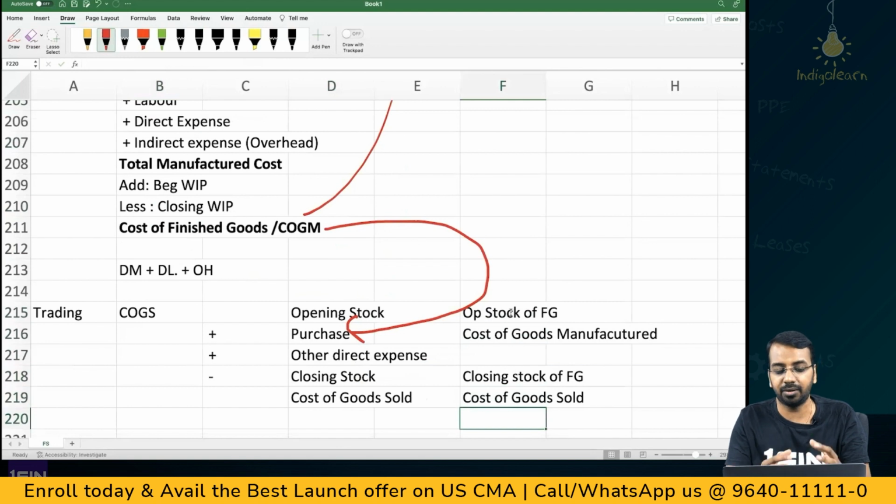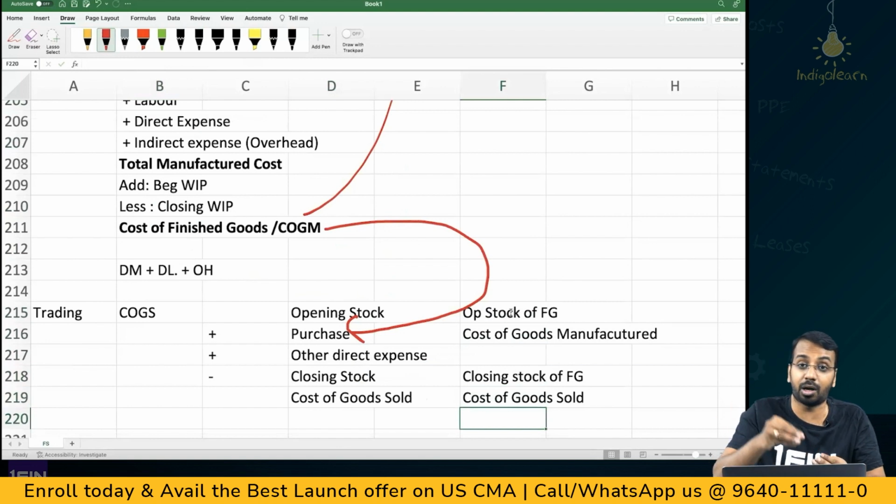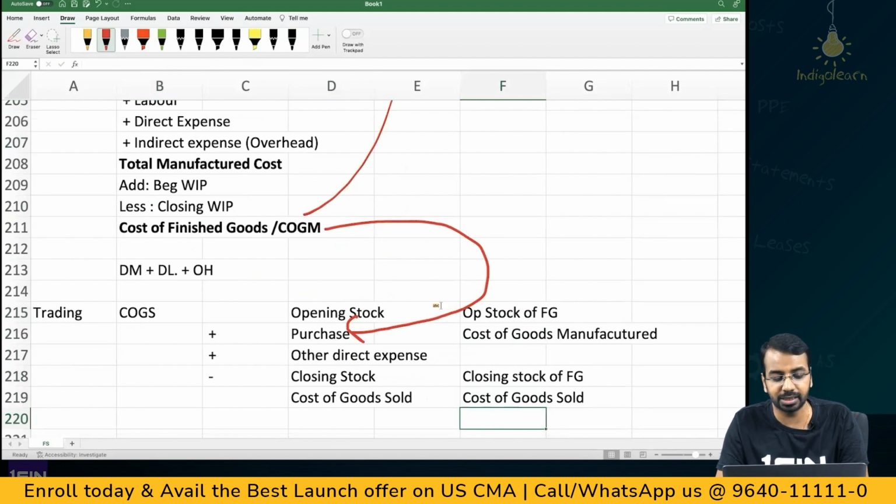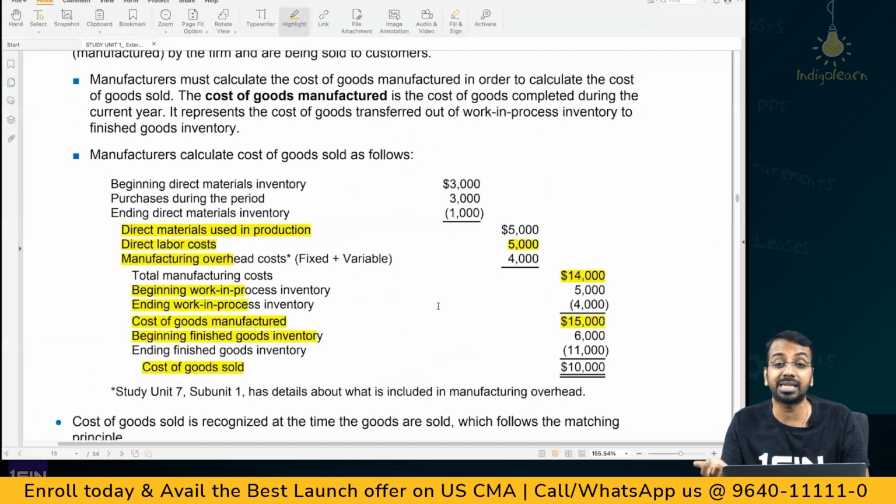So basically I'm saying, for example, I have 100, I have manufactured 1000, closing is 200, 900 is cost of goods sold. Okay, this formula, please revise it sufficiently, because sometimes calculations based on these are tested in the examination.